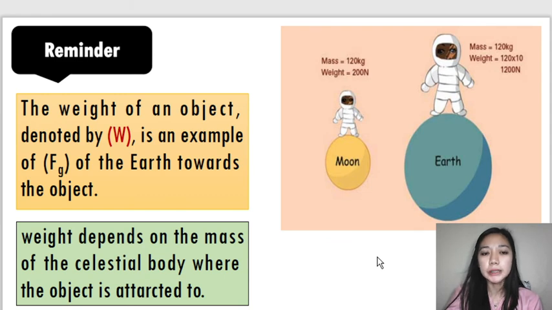Kaya din, kung mapapansin nyo kapag nanonood kayo ng mga video sa YouTube ng mga astronomer na nakatapak sa moon, para silang hopping lang or jumping, hindi sila totally na naka-land yung kanilang mga paa sa moon. Because hindi ganun kalakas yung pull ng gravity ng moon sa kanilang body. Unlike sa Earth na we can freely walk na walang aberya.